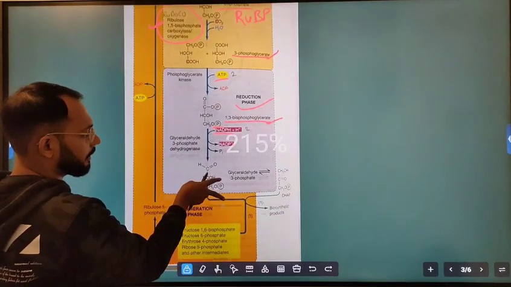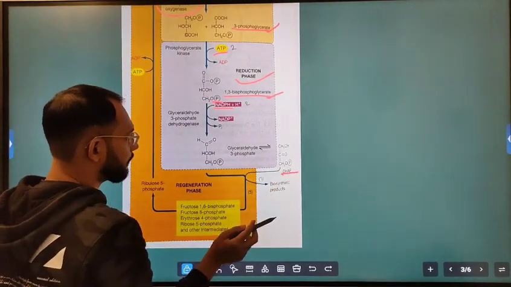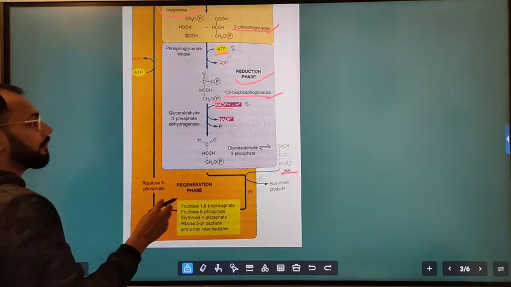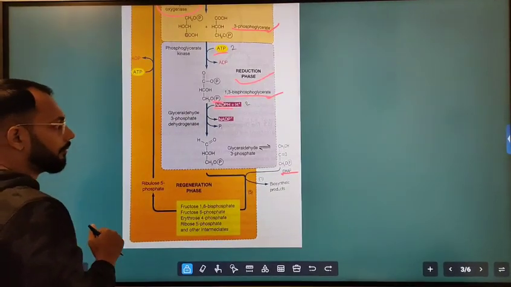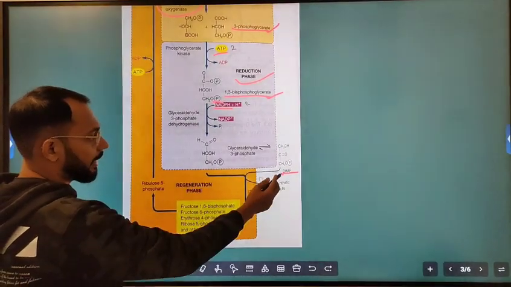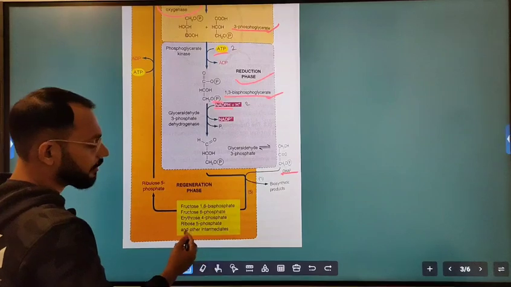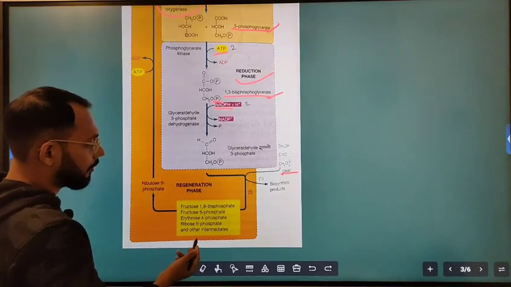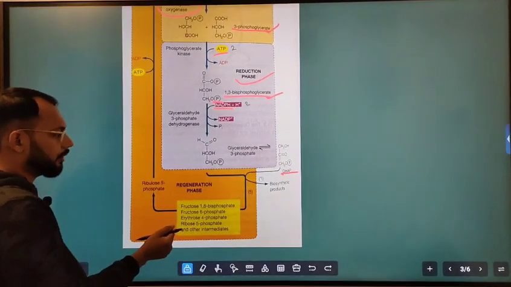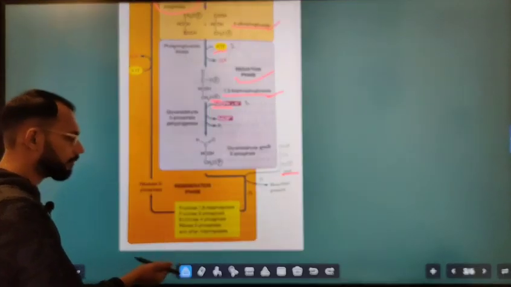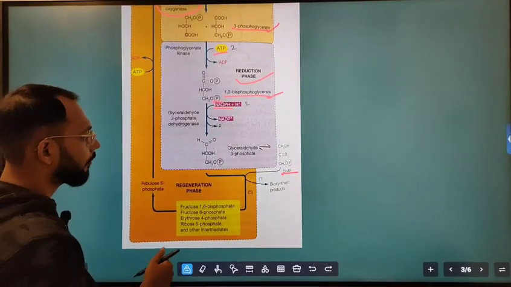Okay, and this glyceraldehyde 3-phosphate is converted into the dihydroxyacetone phosphate, and after this there is the regeneration phase, the third phase of the Calvin cycle, where glyceraldehyde 3-phosphate and dihydroxyacetone phosphate unite to make various interconvertible products, which are fructose, erythrose, xylulose, and glucose also.